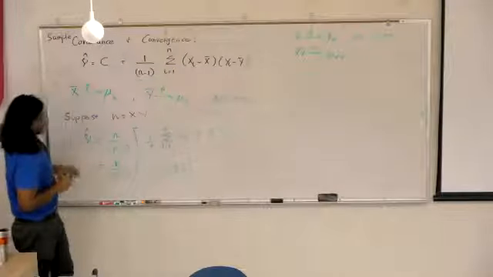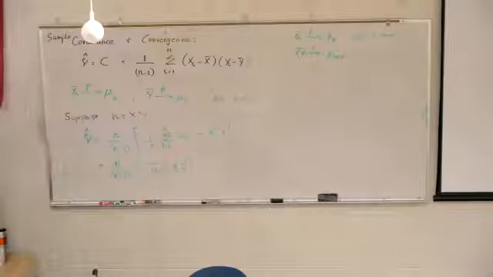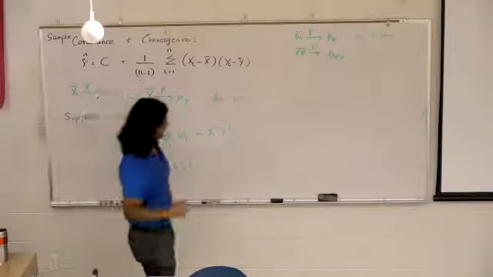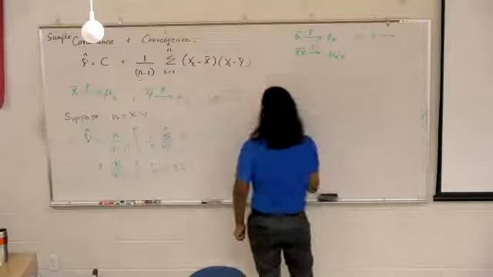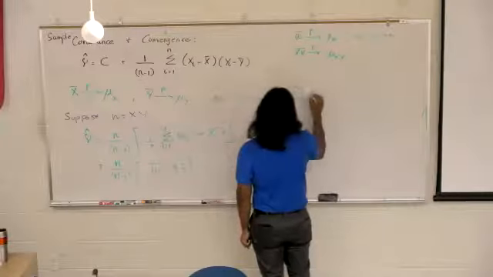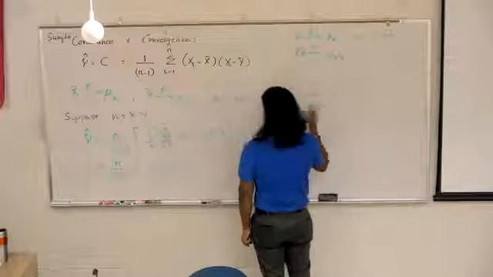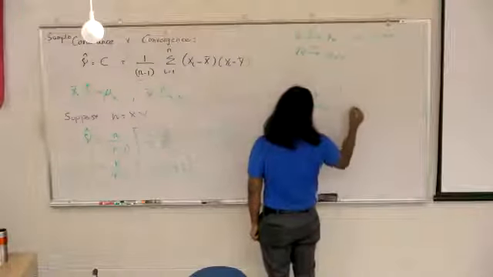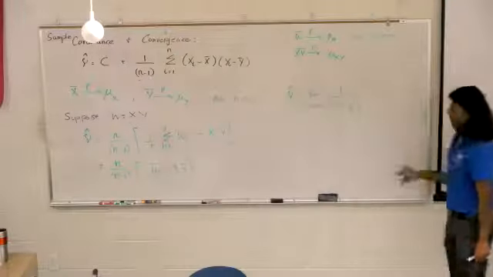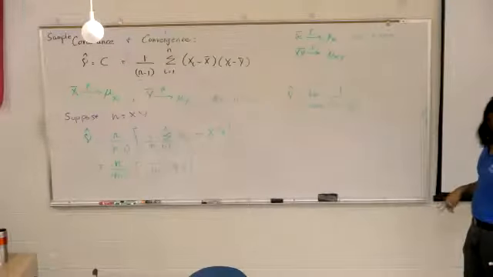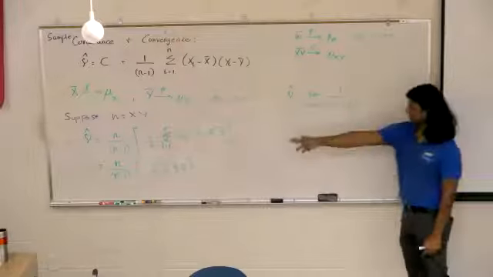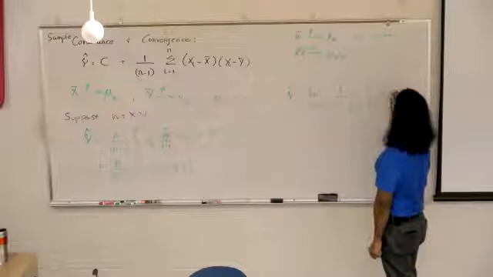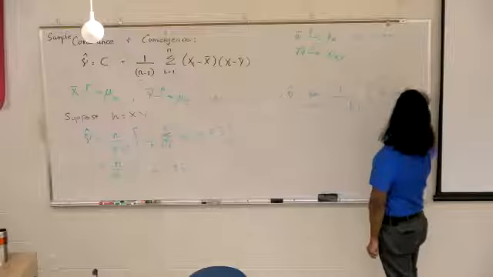Good. So we want to know what gamma hat would approach as n approaches infinity. I'm going to take the limit. Move the n to the denominator, I'll have 1 over 1 minus 1 over n. If you rewrite this, you'll get n over n minus 1, times w bar minus x bar y bar.